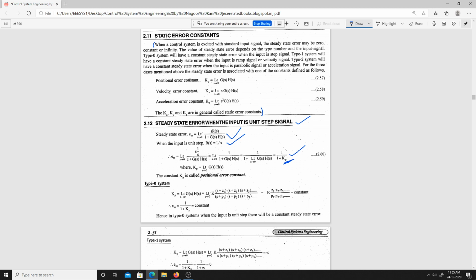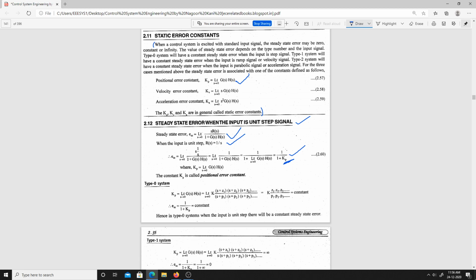Now what is this Kp? As I already said, Kp is the positional error constant, and it is limit s tends to 0 of G(s) H(s). Is it clear?